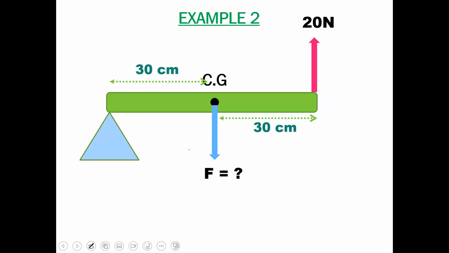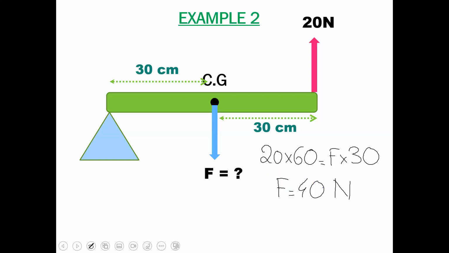Good. Look at this second example. Distance is always measured from the pivot. Again, no need to copy the question, and you have to solve it. Is it 20?